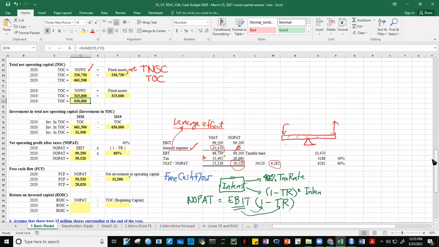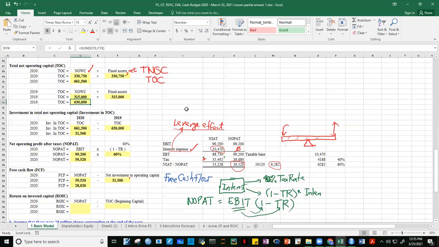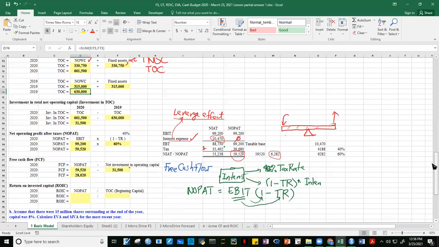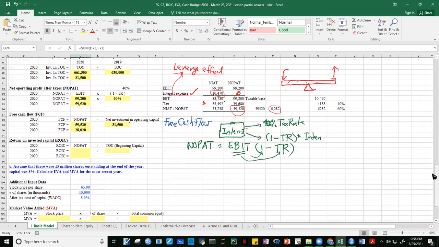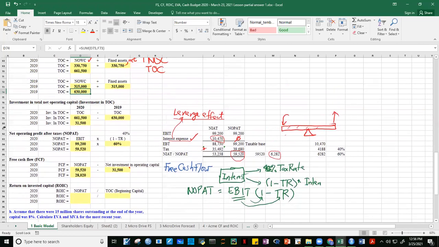Okay, and we're able to compute now for the investments in TOC. That's the difference between your total operating capital for 2020 and for 2019. So the difference between the two is the investment in total operating capital. Okay. Any questions so far with this one, guys, up to this point?